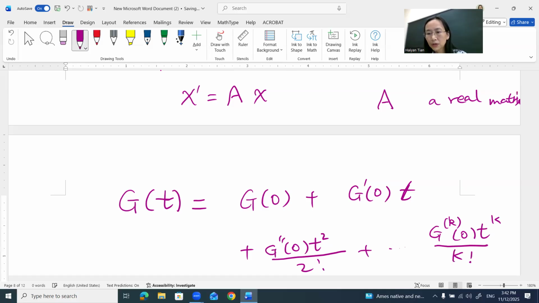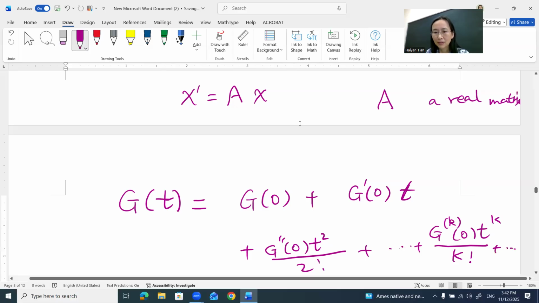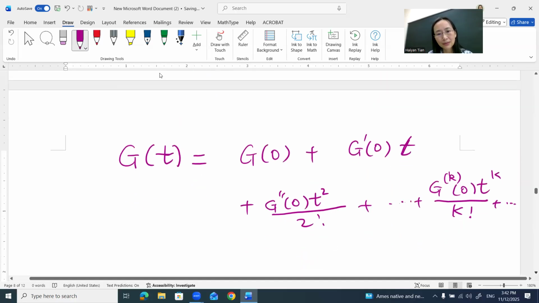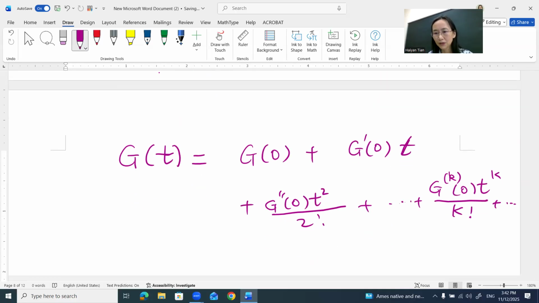That's a typical term. So we just try to find the series form for this fundamental matrix. Can we possibly find the series form for this fundamental matrix?